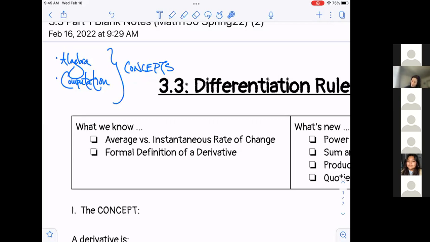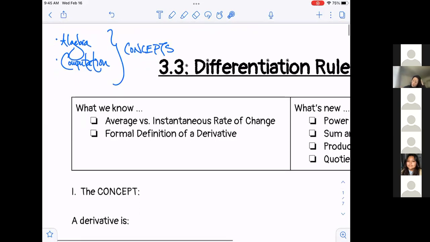Okay. And so we're going to start as we normally do with what we know. On Monday, we talked about average versus instantaneous rate of change, and we also talked about the formal definition of a derivative. But I do want to add one more underlying thing. For some of us, we have a very strong foundation in this, and for others of us, we're like, I don't remember how to do these things.